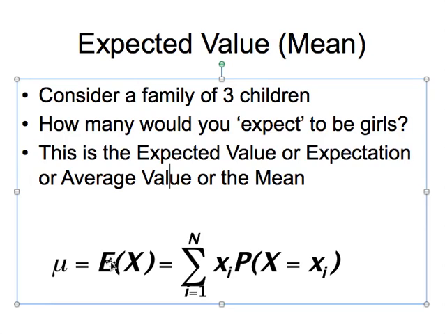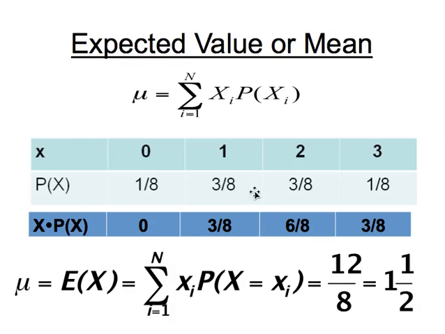The formula for expected value is the sum of x times the corresponding probabilities. That's what this formula is saying, and the expected value is denoted by E of x. So E of x is the sum of the products of all the possible values of x times the corresponding probability. An example will clarify this for you.